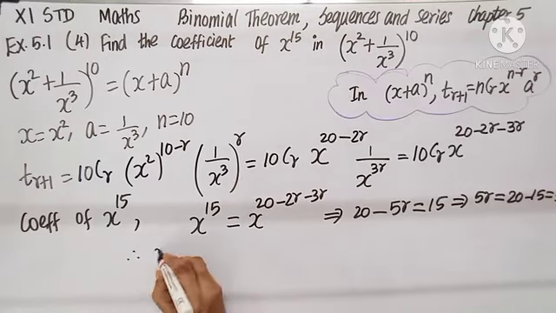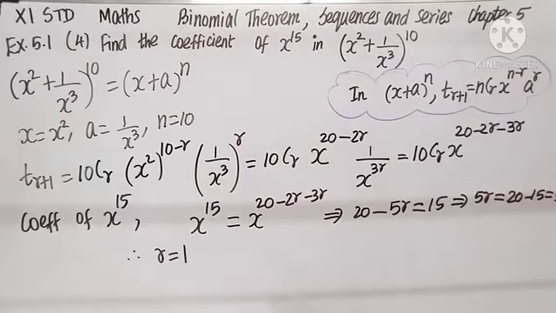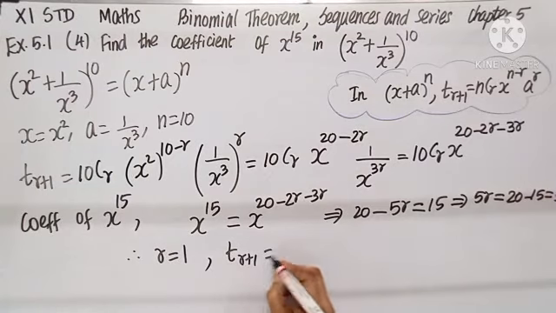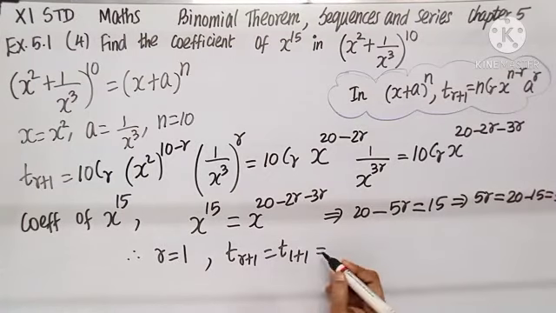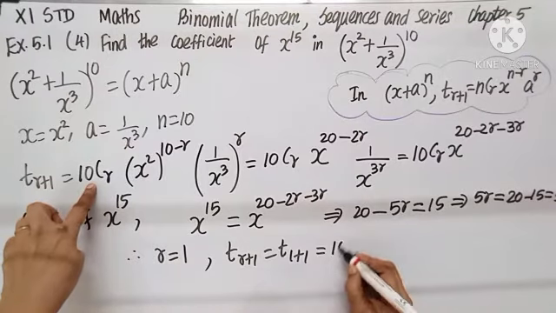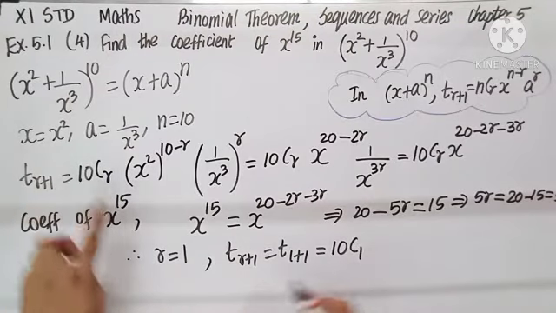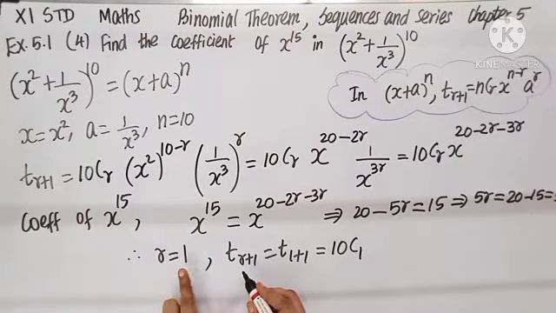That tells me r equals 1. If r is 1, find out what is tr plus 1. That will be t1 plus 1. I have 10c1. Wherever r comes, I must put 1 now.